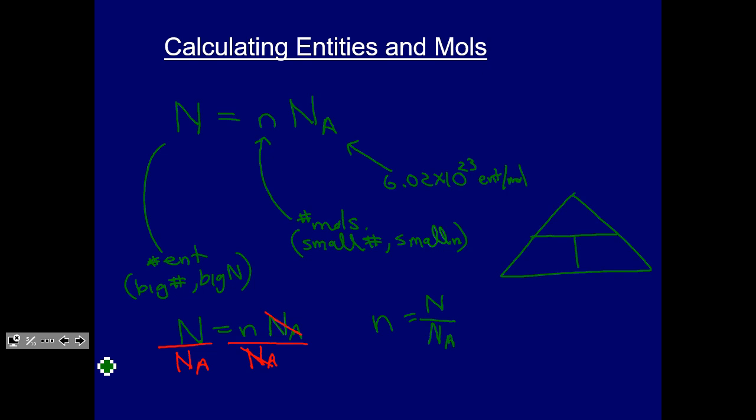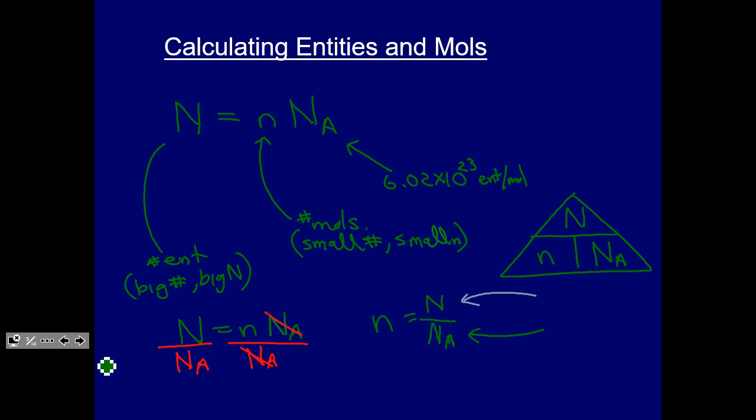The way this system works is if you have a fraction like this, the letter that's at the top of the fraction will go at the top of the triangle, capital N, and the other letters will go at the bottom. Na and n.